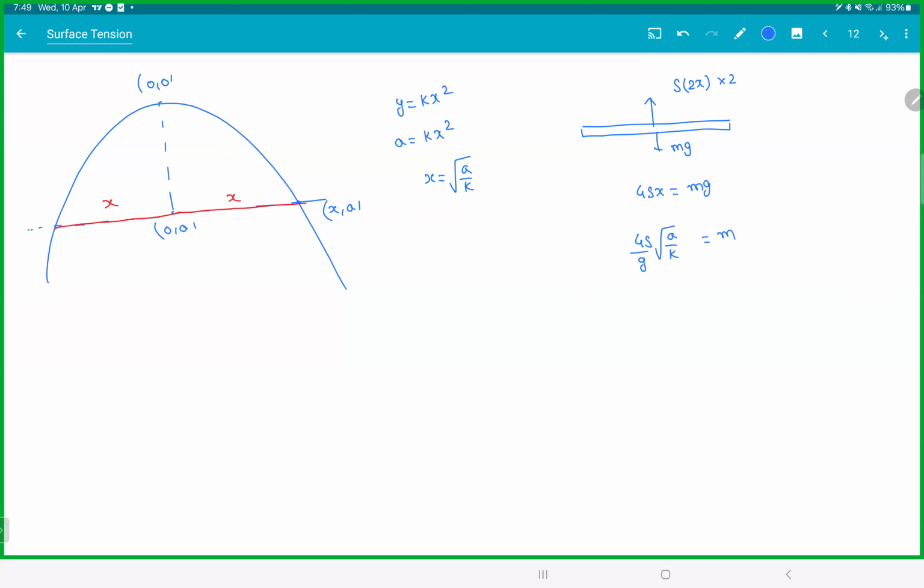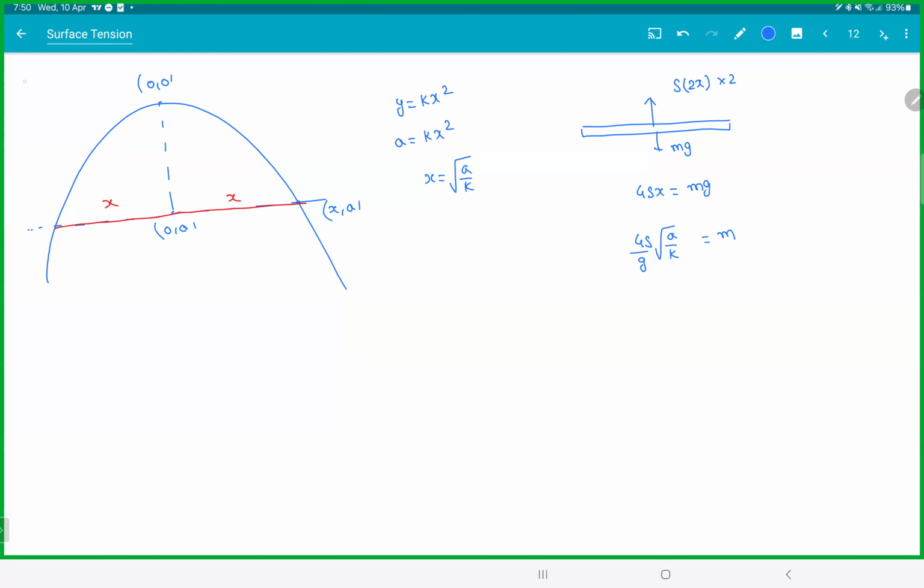Get the time period. Clear, na, Aryan? S into 2. Arey God, what is surface tension for? Surface tension into length of the rod. Length of the rod is 2x. Clear with the mg part. Don't worry about the equation. Forget about it.